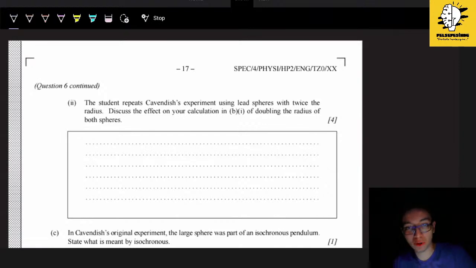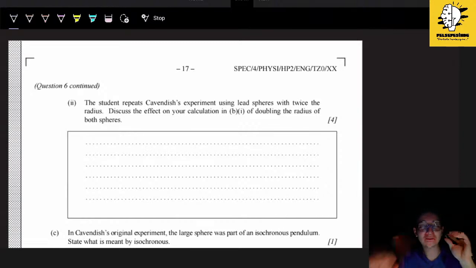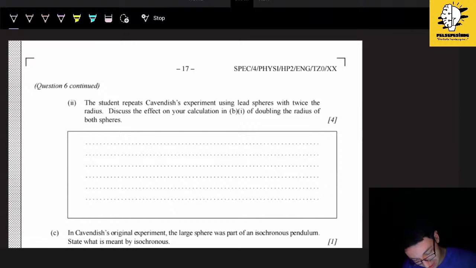Again, while I was solving this question in the morning, I thought I was supposed to only think about the radius. But it has density. Please remember that density is equal to mass over volume.